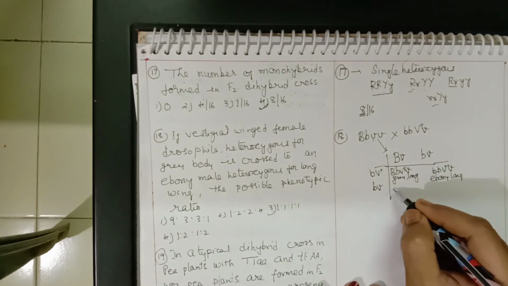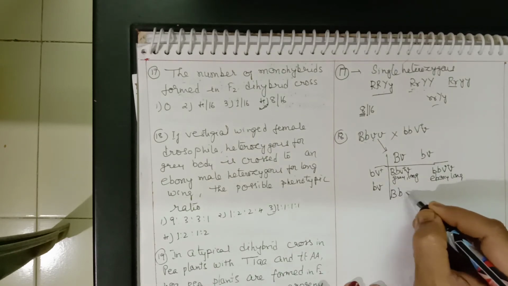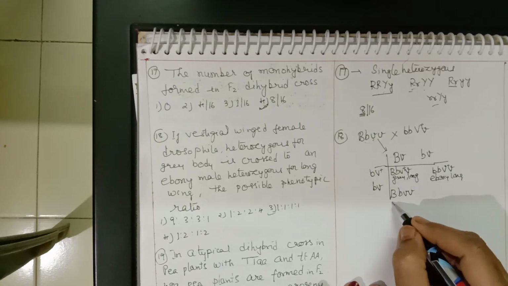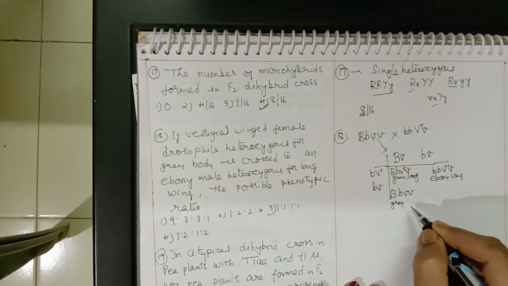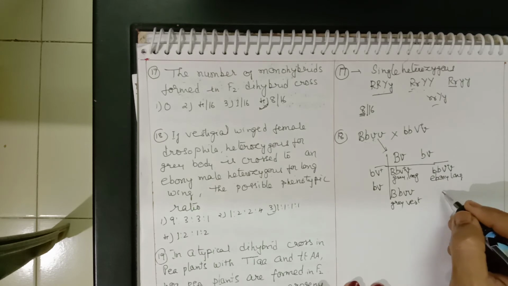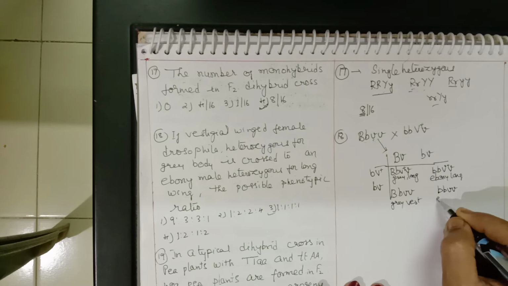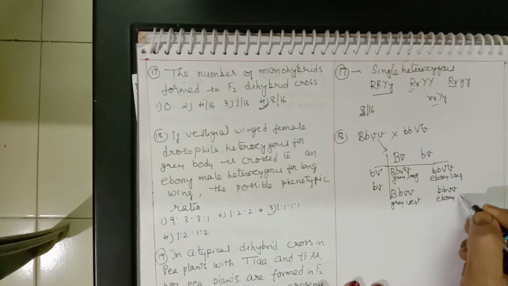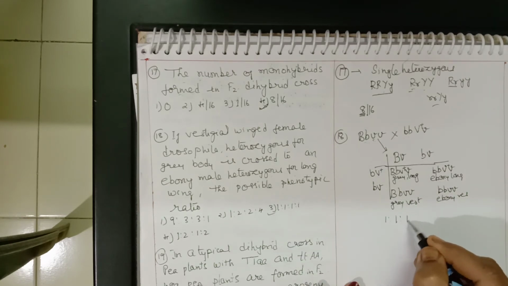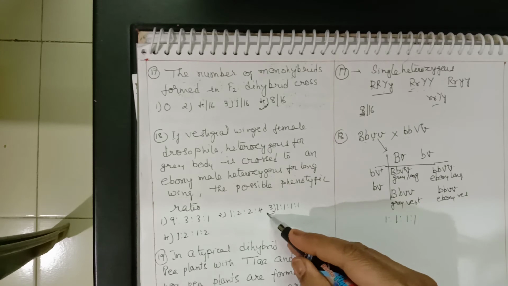Similarly, if you take the other one, capital B, small b, small v, small v, that means it should be grey body color and vestigial wings. And here, last, you are going to get all recessive, so this will be ebony body color and vestigial. So we are getting all four. So what will be the ratio? 1:1:1:1. So this will be the ratio.